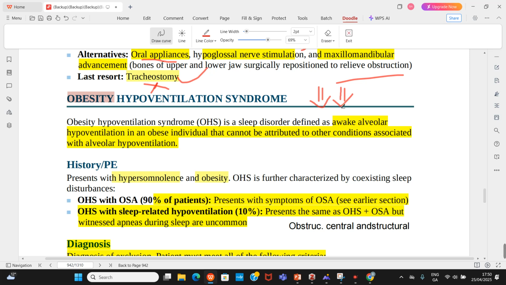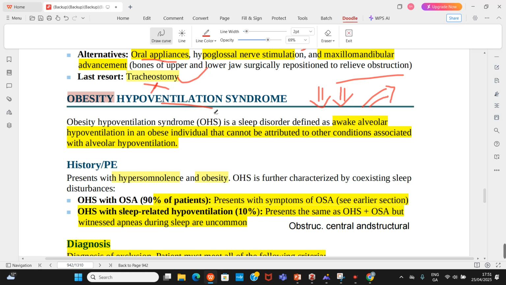Now the person also has obesity. What obesity is going to do is infiltrate the muscles of the chest. And when there's too much fat infiltration of the muscles of the chest, they will not be able to perform their excursion. They will not be able to contract, relax, and all those things. So it can impair ventilation.